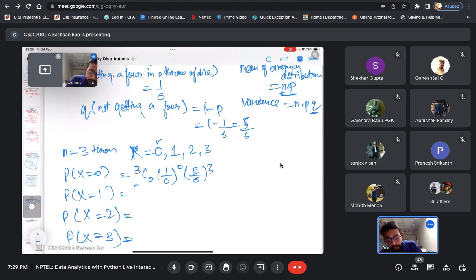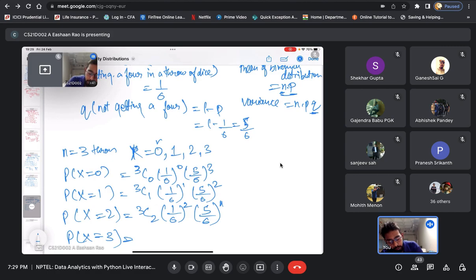Similarly, if I get 4 one time in 3 throws, 3C1, success will be 1 by 6 raised to 1 and 5 by 6 raised to 2. Similarly, 3C2, 1 by 6 raised to 2 and 5 by 6 raised to 1.